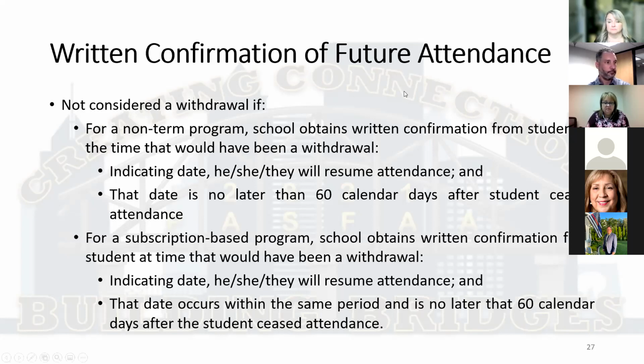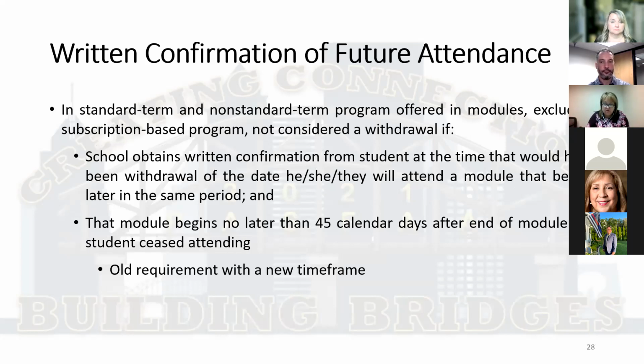Next slide. For standard and non-standard term programs offered in modules, I think this is what Betty was referring to, excluding subscription-based programs, the student is considered a withdrawal if, and you have to get that written confirmation, if the school obtains written confirmation from the student at the time of the withdrawal, indicating that they will attend a module that begins later in that same period, and that module begins no later than 45 calendar days after the end of the module the student ceased attending.